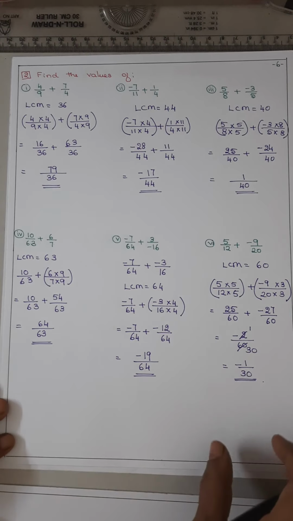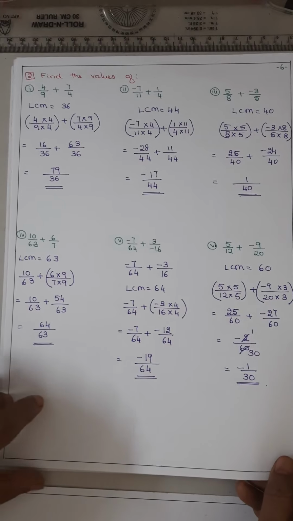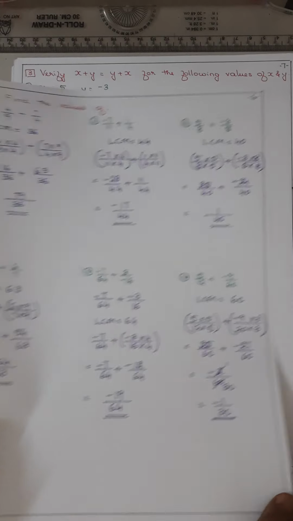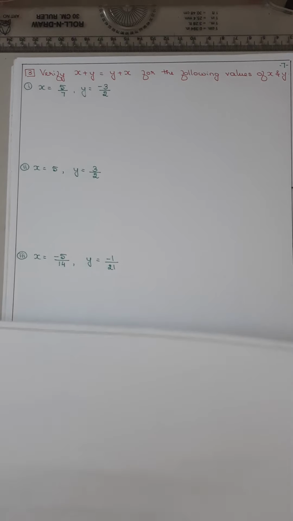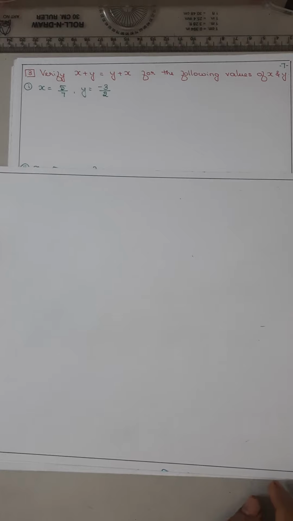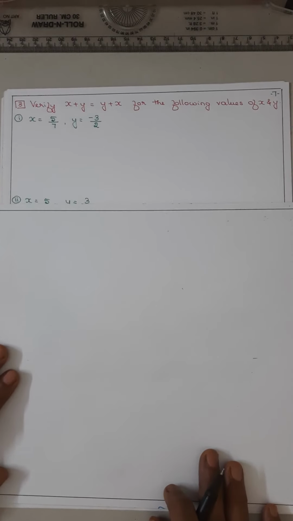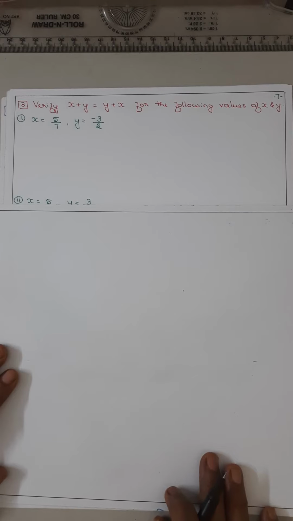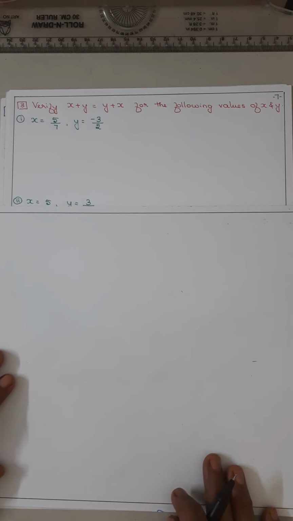Is it okay? So we have completed the question number 2. Now coming to the question number 3, it is for the commutative property. Remember what is commutative property? So two rational numbers, when you add in two different ways, the answer remains the same.